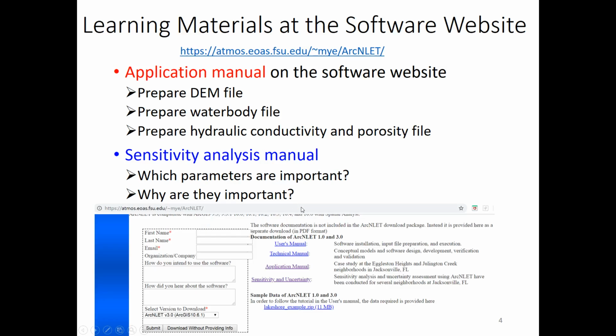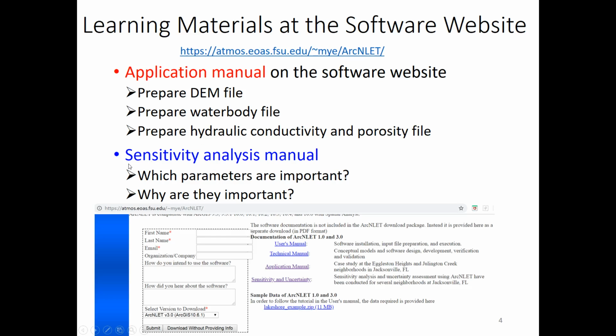We have some learning material for you. At the software website given here, we have the application manual. This application manual discusses how to prepare DEM data, how to prepare the water body file, and also how to prepare hydraulic conductivity and porosity. We're going to talk about all of this in this training video.